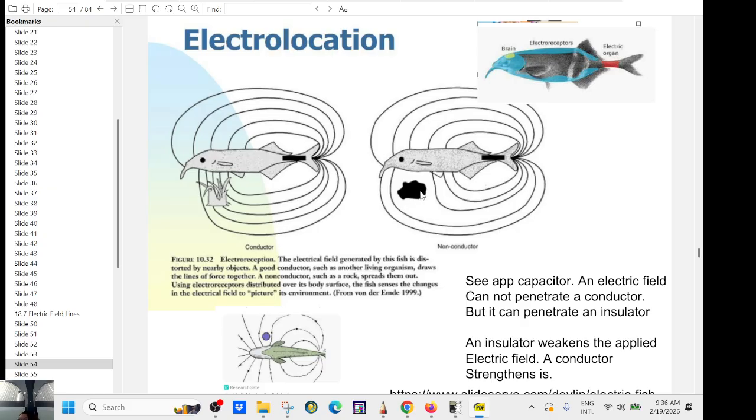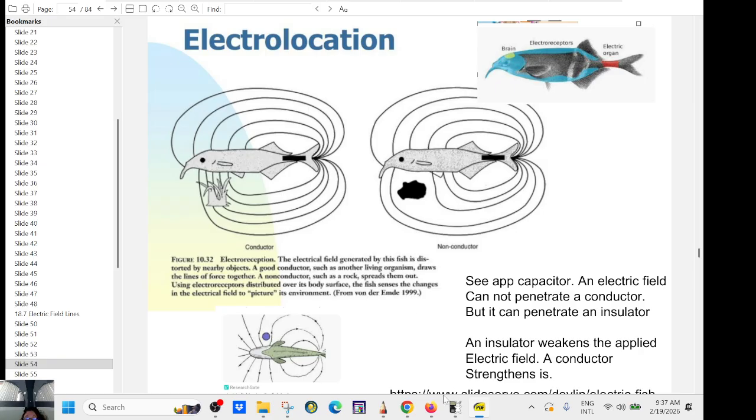We already discussed what is going on here, but you see that the electric field gets weaker, and that's how the sensor in the brain of that fish will know that it's not good to eat. If you have a conductor, because electrons are free to flow, it will make the electric field stronger. So I wanted to make sure you get that right for the pop quiz. So that's the story of the fish.